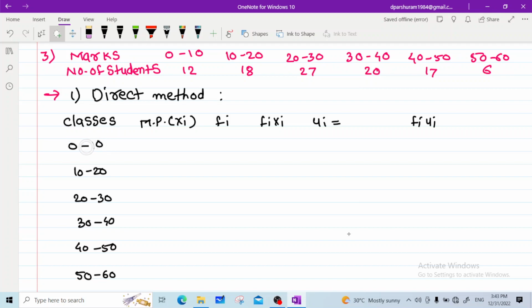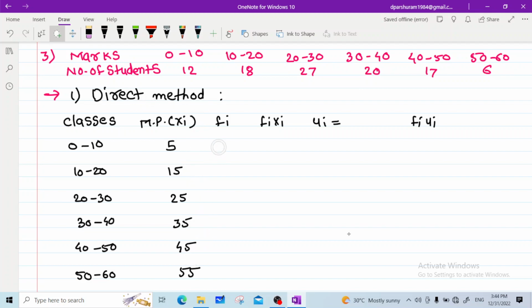Add these two numbers, 0 plus 10 is equal to 10, and then divide by 2, that is 10 divided by 2 is equal to 5. So we get the midpoint xi equal to 5. Same for the next class, 10 plus 20 is 30, 30 divided by 2 is 15. For the class 20 to 30 we get the midpoint 25, then 35, 45, and last is 55.